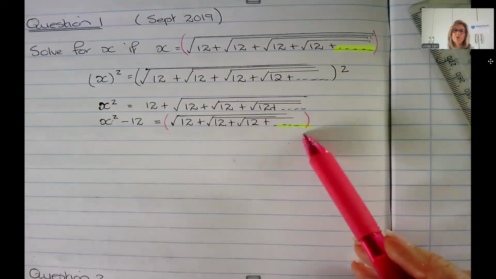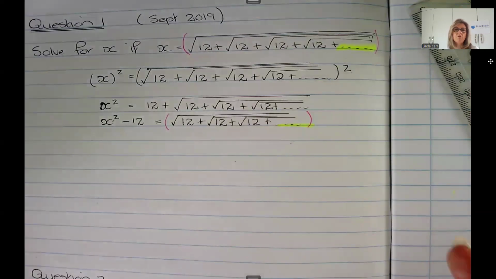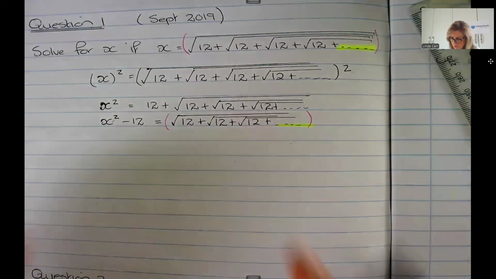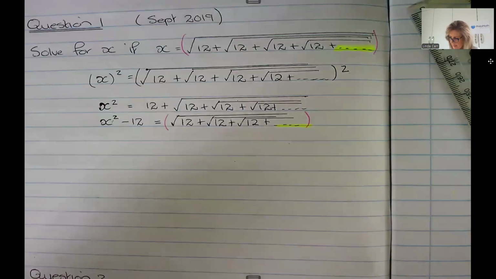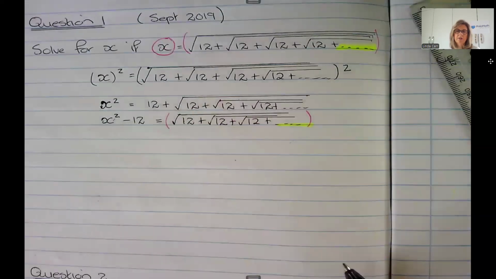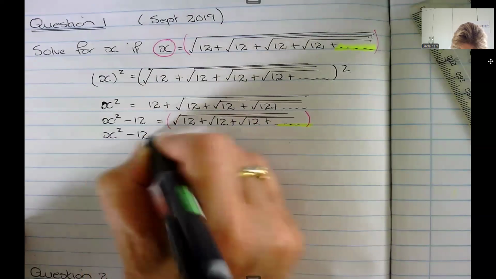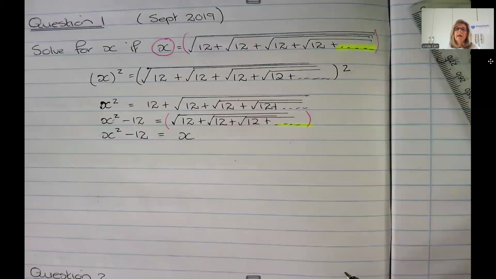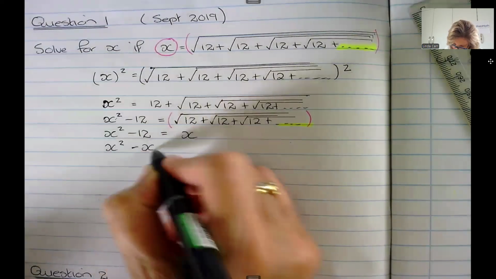Remember, the dot, dot, dot, the to infinity, is telling you that they go to infinity anyway. So it doesn't matter whether I write down 4 or 5 or 10 or 3. So this is the same as this. But if they're the same, then why can't I just replace this whole bracket with x? So I'm left with x squared minus 12 equals x. And at that point, you can sigh a huge sigh of relief because you've turned it into a simple quadratic equation.